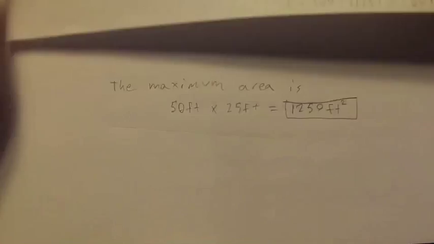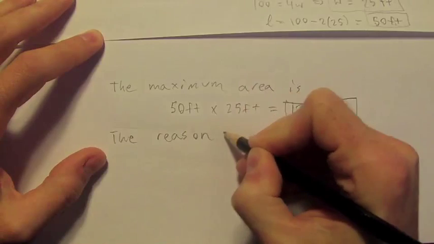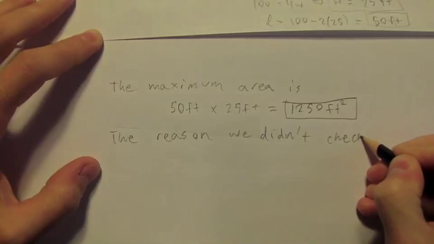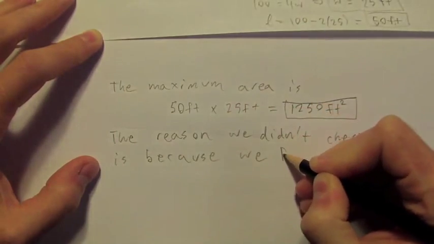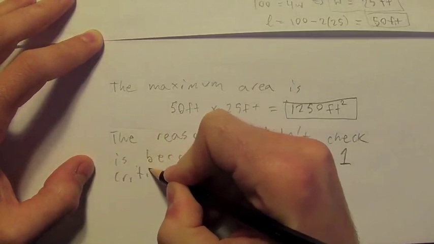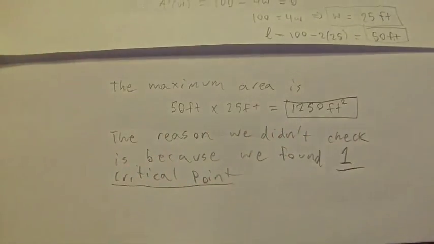So the reason we didn't check is because we found one critical point. You can only do this if you only find one critical point that makes sense, right? Sometimes you might find a positive and negative critical point, and the negative one makes no sense. So the positive is the only one that works.